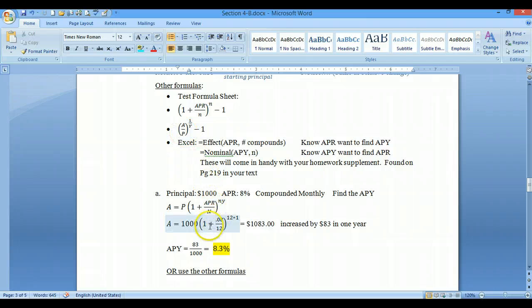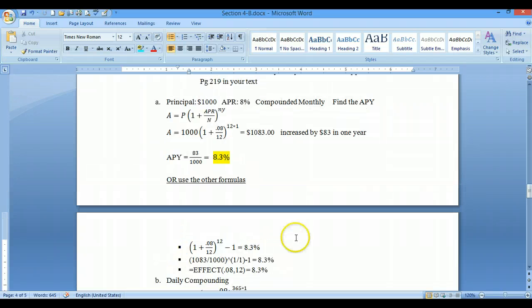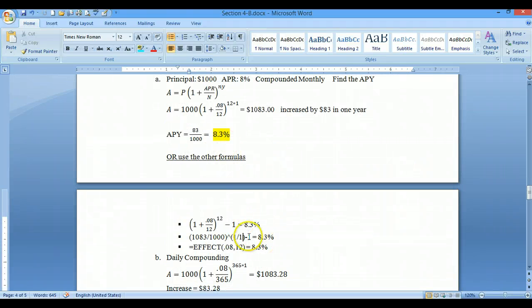And the other one, A over P. Now we just found A of $1,083 over P, which is 1,000. It started at 1,000. 1 over Y, we have 1 year. So if you have several years, that one might be more beneficial. If it's after 5 years, it'll average it over 5 years, minus 1.